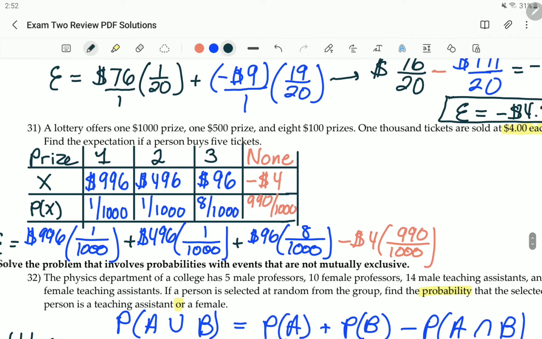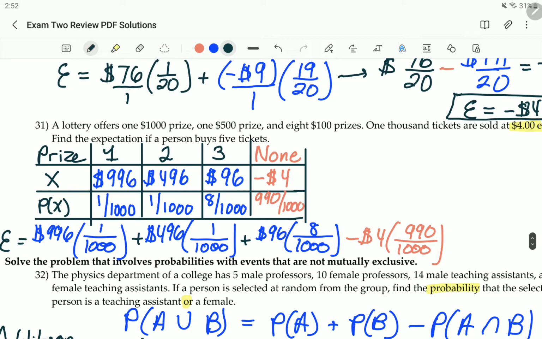All right. You can multiply all this in your calculator and then add them together. We're now going to go up here. So E is equal to, when you multiply the first one, that is going to equal 0.996, 99.6 cents.